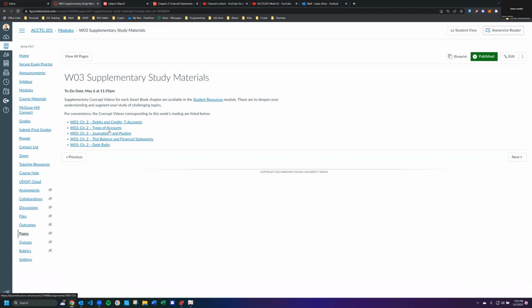It walks through T accounts, types of accounts, journalizing, posting, trial balance, and financial statements. Everything is right here, very concise, easy to follow, and lets you check your understanding as you go.